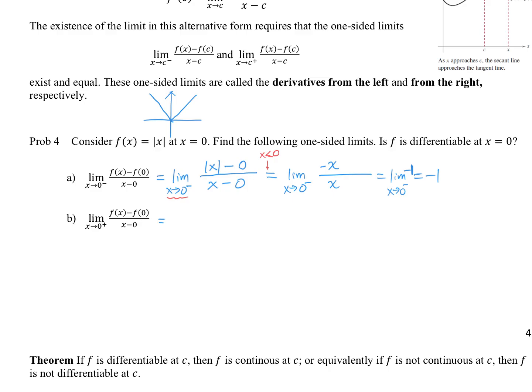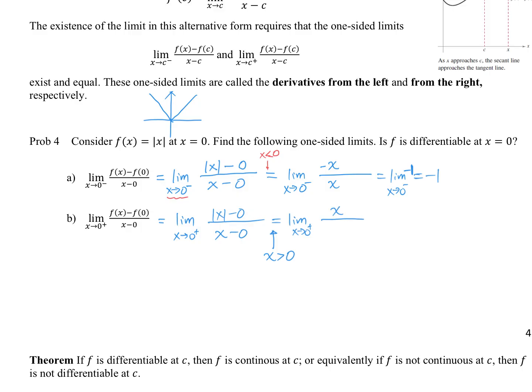Similarly, let's look at what we should do for the derivative from the right. So let's apply the definition and plug in the function. This time x approaches 0 from the right, which means x is positive. Because x is positive, we really don't need this absolute value sign.